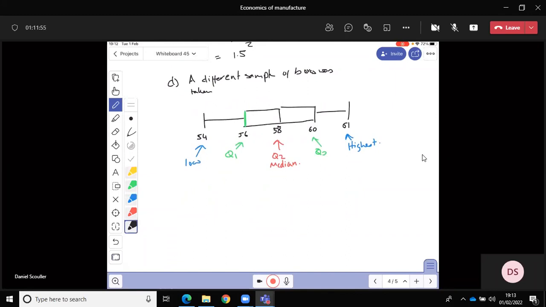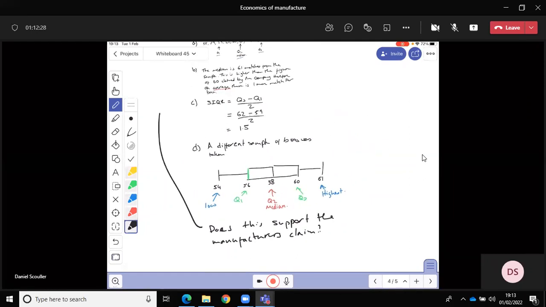Does this support the manufacturer's claim? What it's looking for is essentially the same as we said in B. In this case, the median is actually lower than what the manufacturers claim.